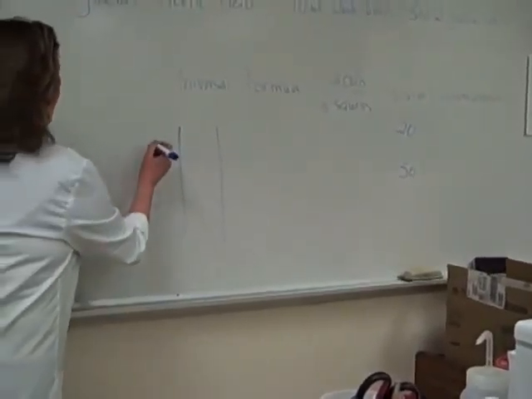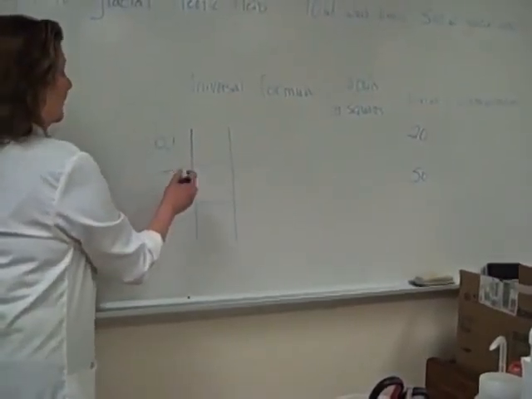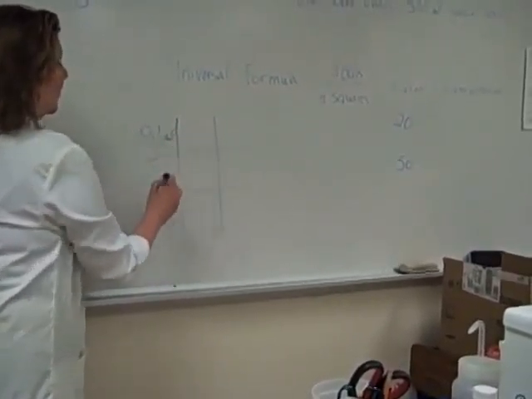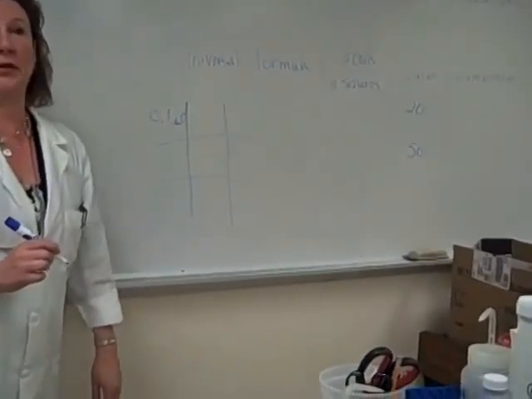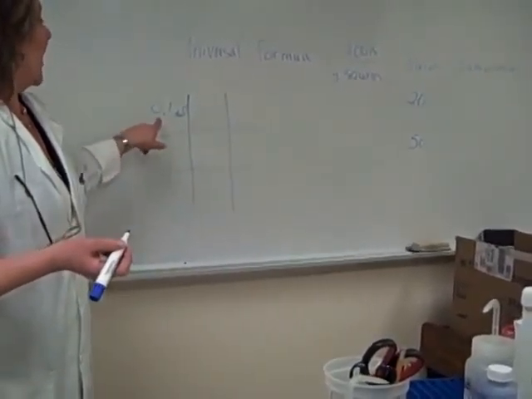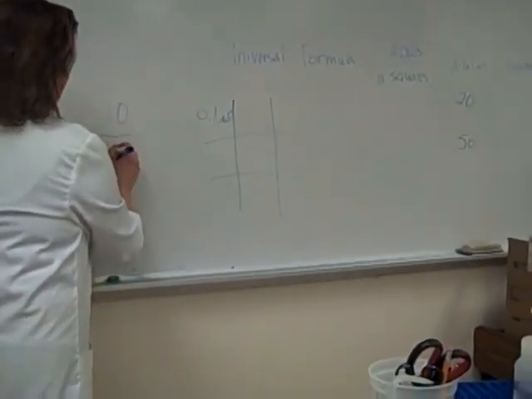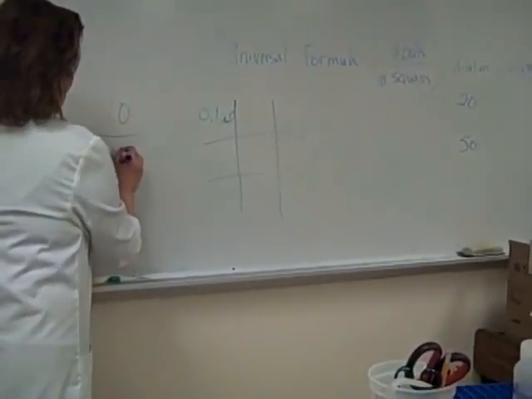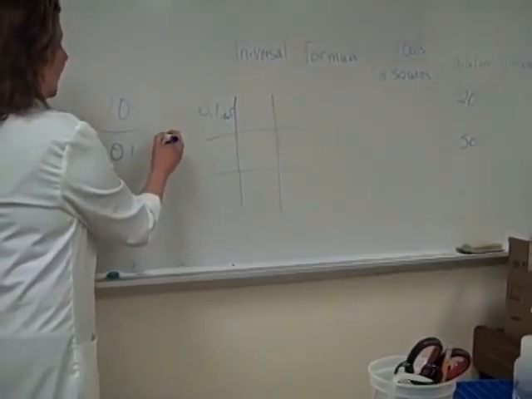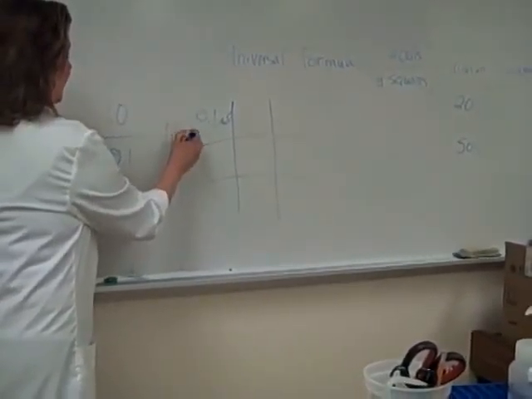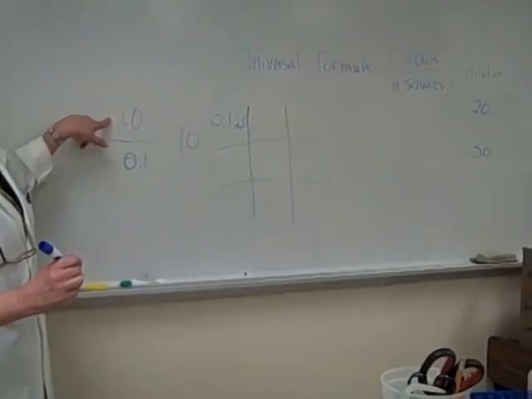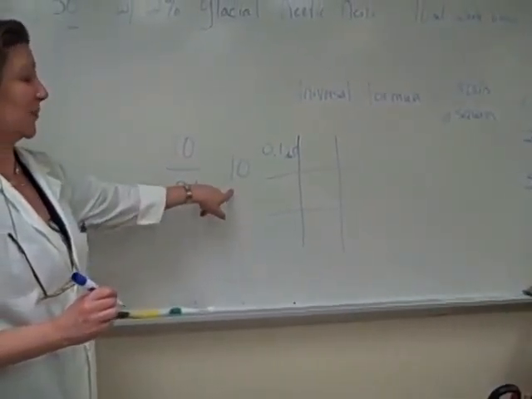Okay. Our volume correction factor, I touched on that briefly yesterday. One of these squares has a volume of 0.1 microliter or 0.1 millimeters cubed, okay? That divided by the whole volume gives us a volume correction factor of 10. So I'm just taking 0.1, dividing it into 1, and that gives me my 10.